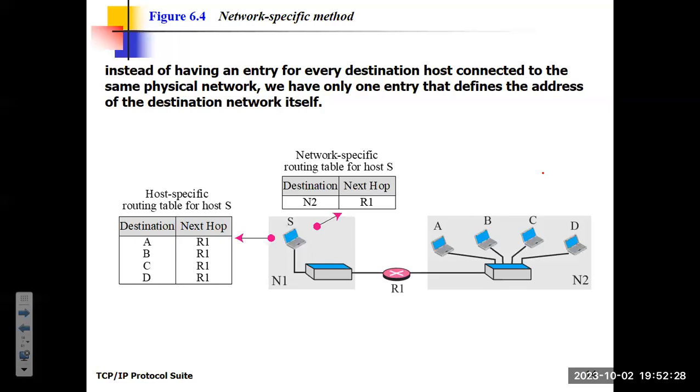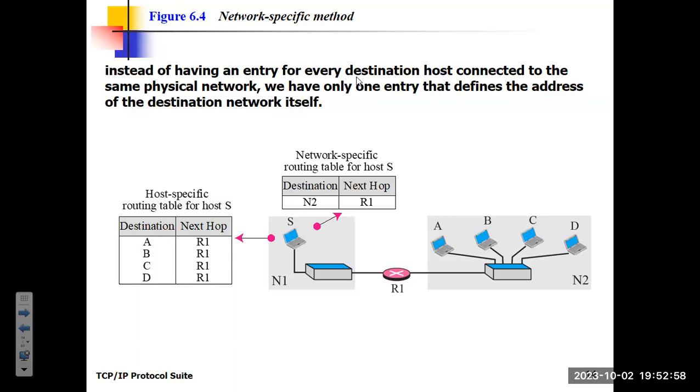All right. But in this case, let's reduce that by using what they call the network-specific method. What that means is, any device in network 1, let's say you have S, F, G, these devices, you want to send something to any device in network N2.